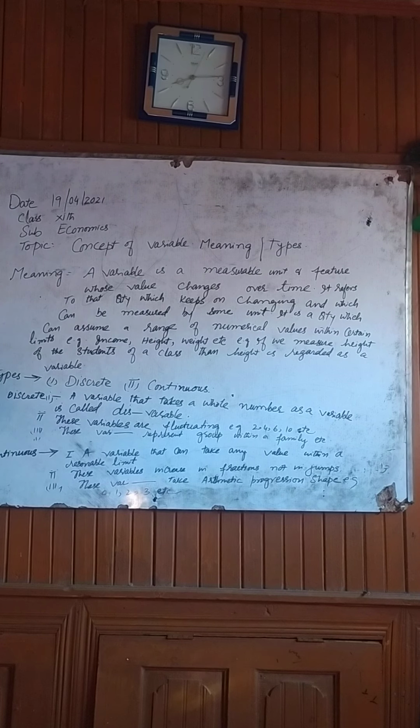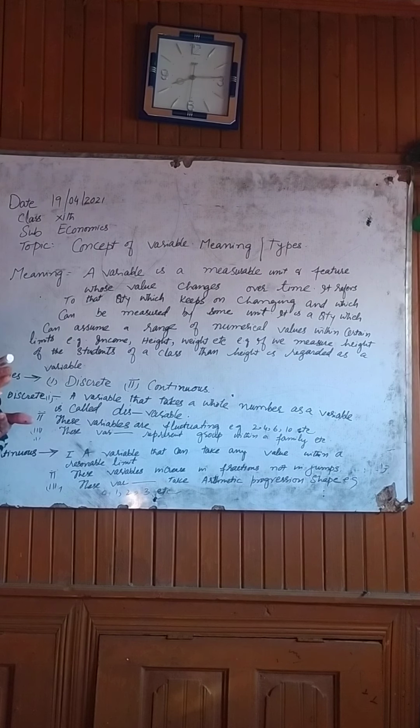Dear students, previously we learned about various components of calculation of data, wherein we learned about organization of data, presentation of data, classification of data. Then we learned about various methods of calculating data.